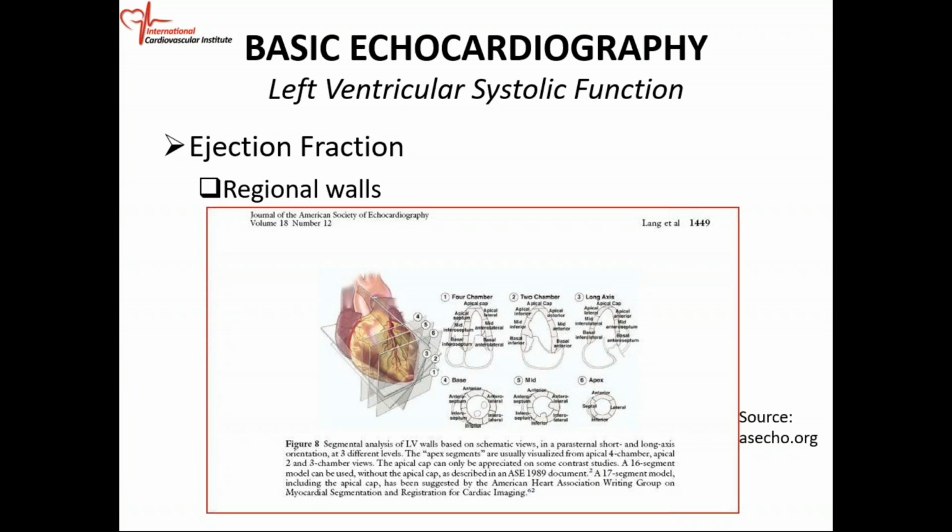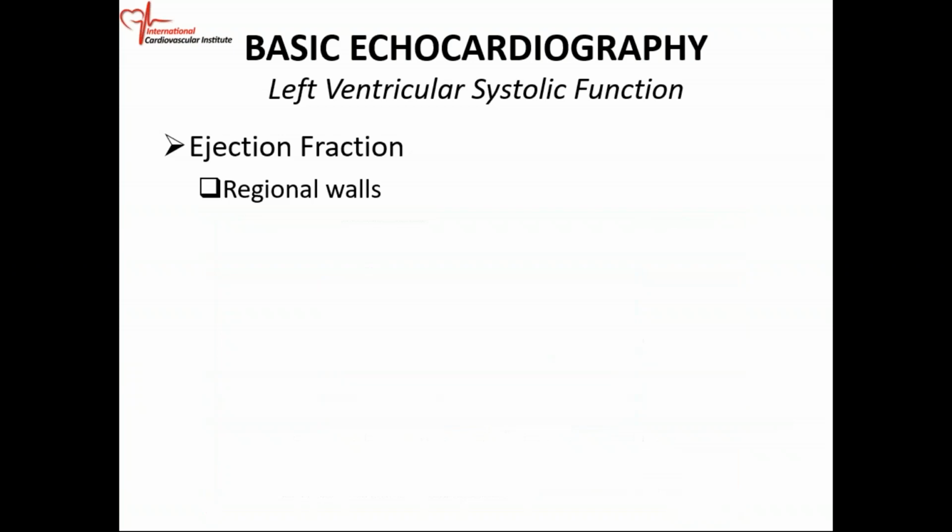And if we can look at a segment and determine whether the segment is normal or abnormal, we can accurately predict which blood vessel is involved in the process. So I'll tell you what, I am going to draw it first and then show it to you.